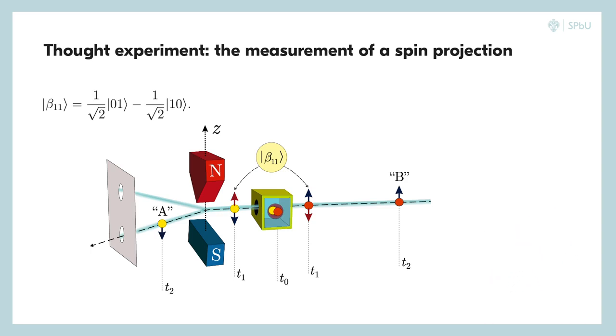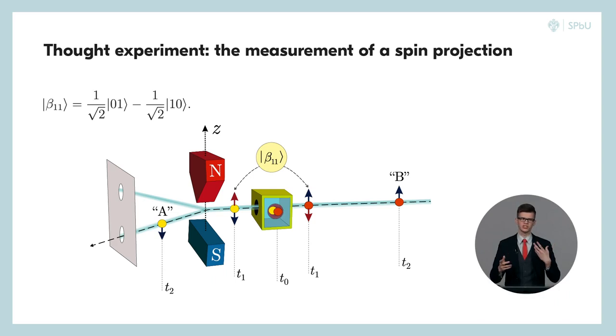The quantum states of these two particles appear to be definitely interconnected, i.e. there are certain correlations between them. In the particular case of the Bell state β11, the states of the A and B particles were anticorrelated, since the spin projection values always appear to be opposite to each other.